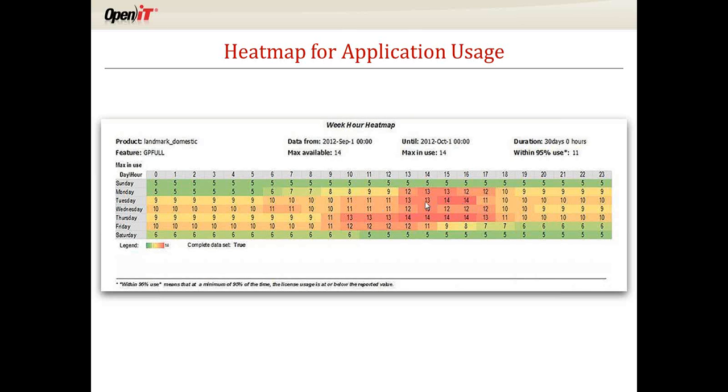So you can see that as the UK is working, and then as the US comes on, they start maxing out, because they've got a global license in this particular example. So if we were looking at this data set only, we might think that we need to increase our license count.